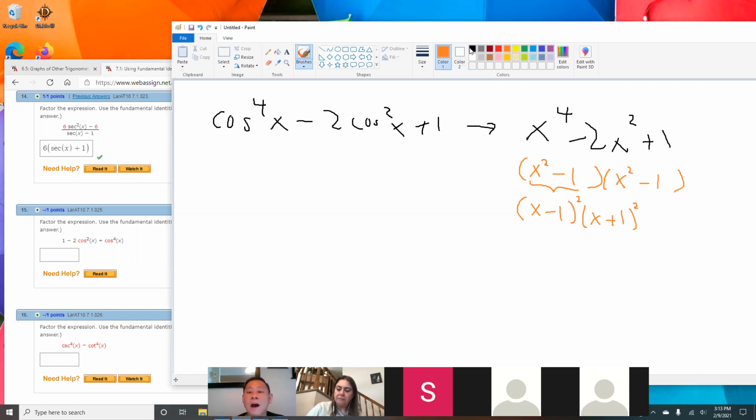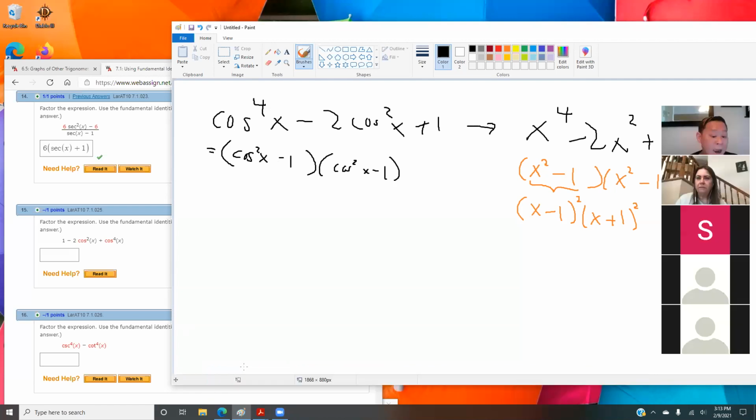Okay. So now what you get when you factor this one is the same thing. So x squared minus 1 will be cosine square x minus 1 and cosine square x minus 1, because instead of x squared, I use cosine square x.